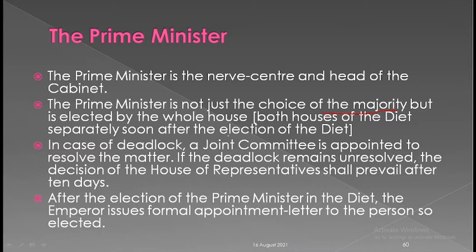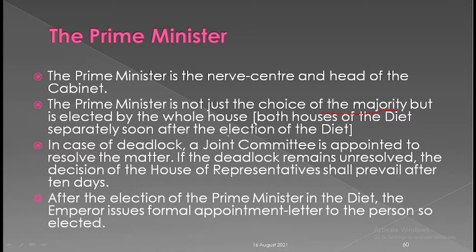As soon as the election to the House of Representatives is completed, both houses of the Diet have to elect a Prime Minister. For example, if the two houses choose different persons and there is no agreement between the two, then to solve that kind of deadlock, a joint committee should be formed by both houses of the Diet.